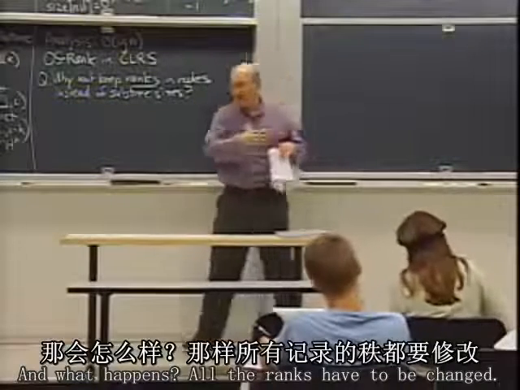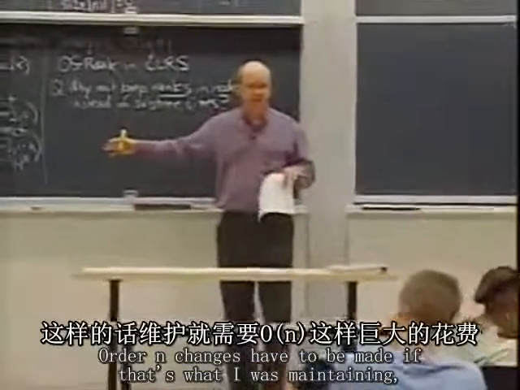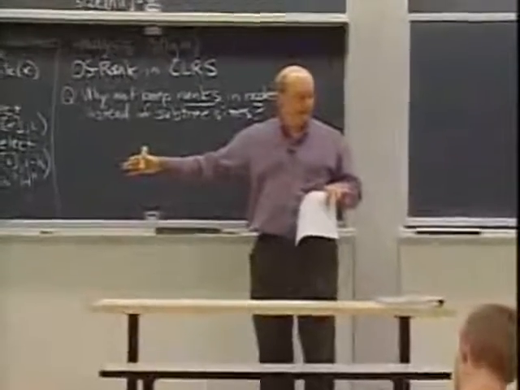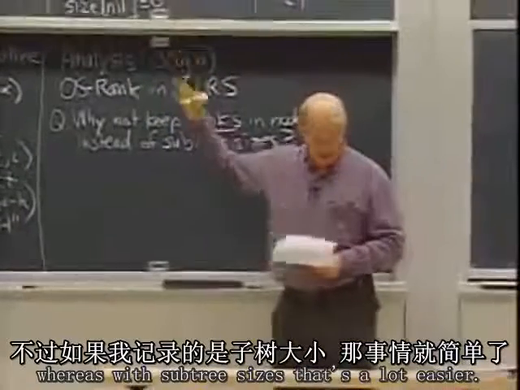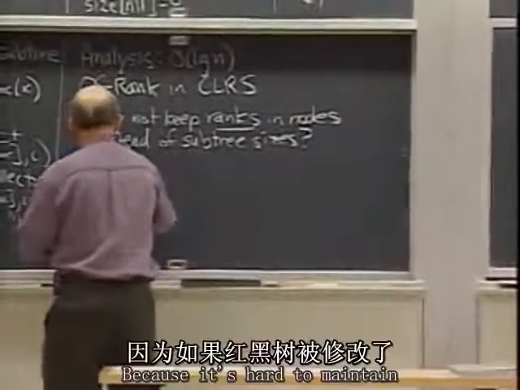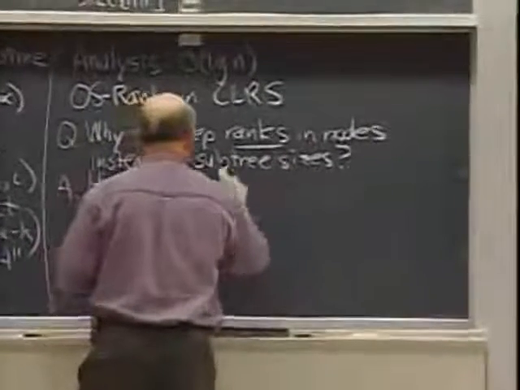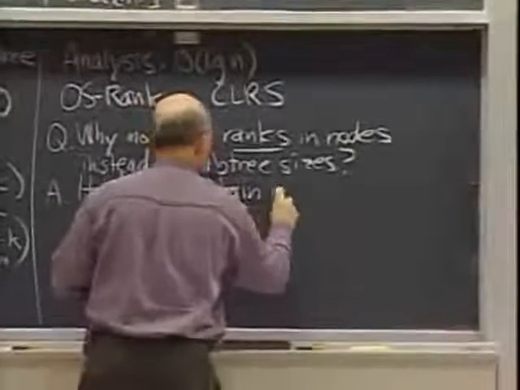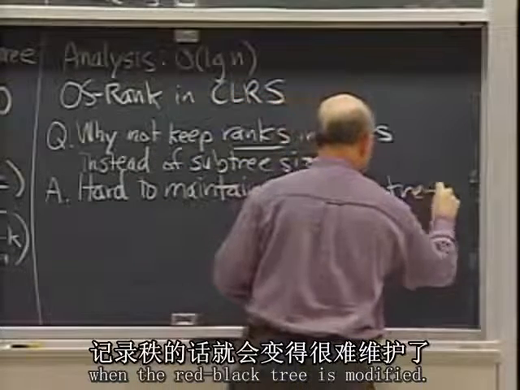All the ranks have to be changed. Order n changes have to be made if that's what I was maintaining. Whereas with subtree sizes, that's a lot easier. So this is because it's hard to maintain when the red-black tree is modified.